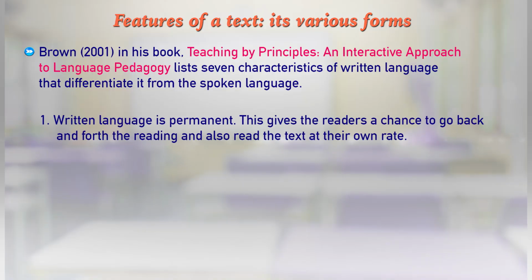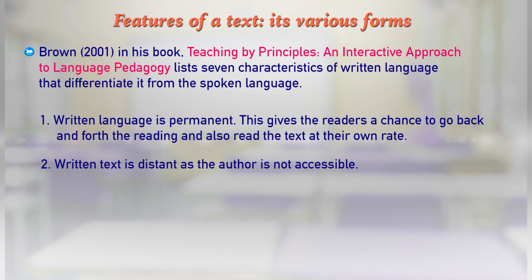They are as follows. Number 1, written language is permanent. This gives the reader a chance to go back and forth in the reading and also read the text at their own rate. Number 2, written text is distant and the author is not accessible.